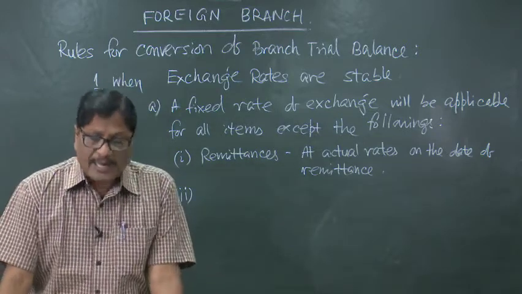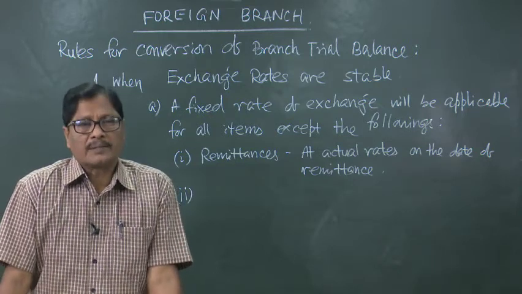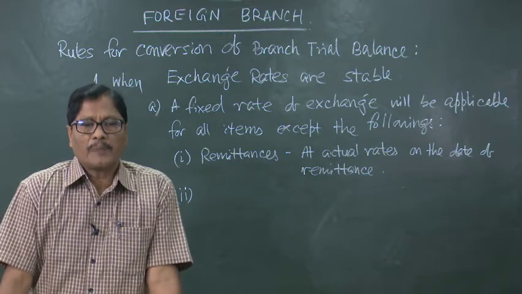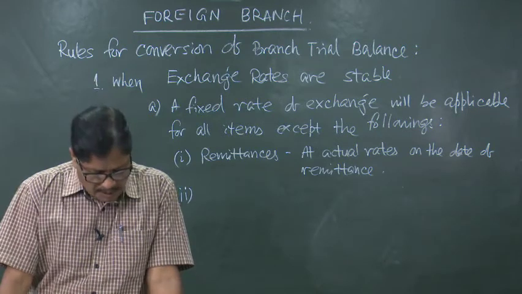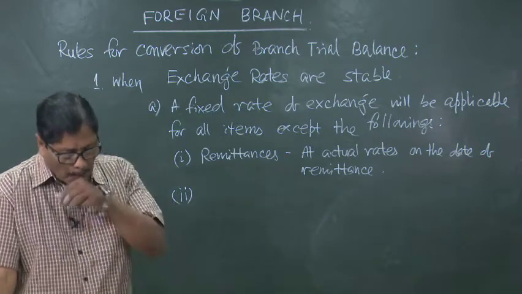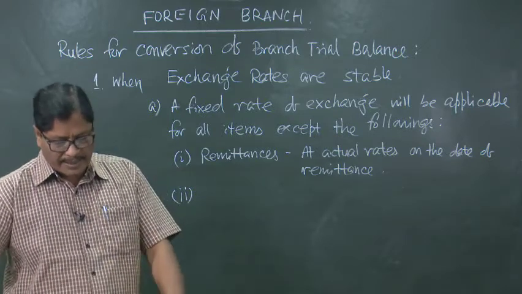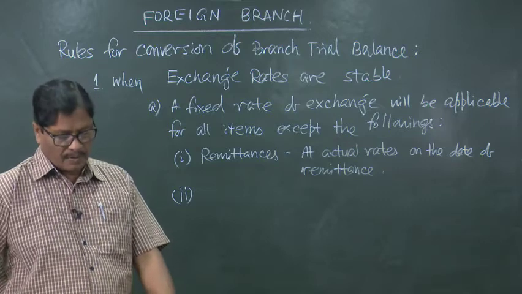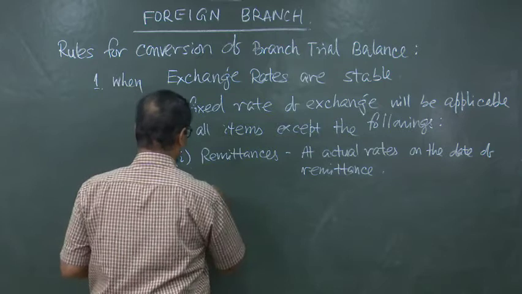head office current account, that is head office account. In the books of the branch there will be one head office current account, and in the books of the head office there is again a branch current account. So, the actual figure shown for the branch current account in the books of the head office will be shown for this head office.